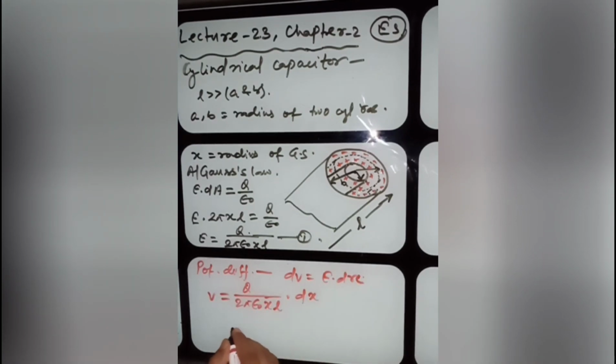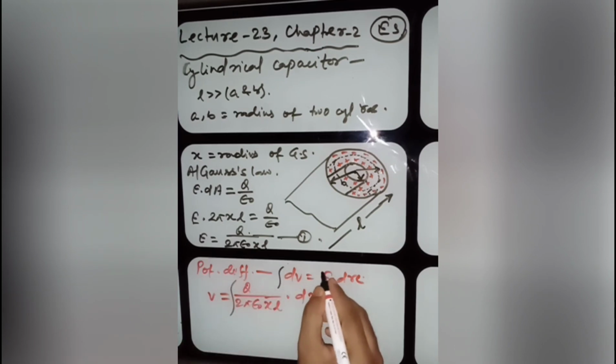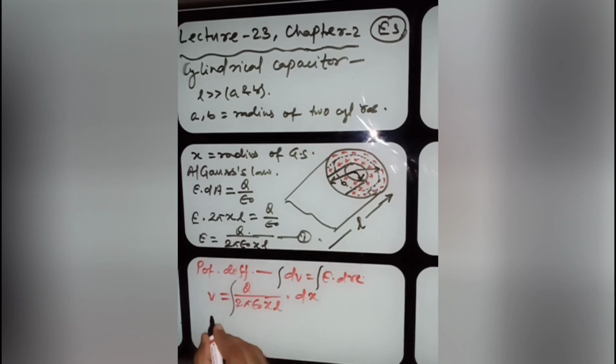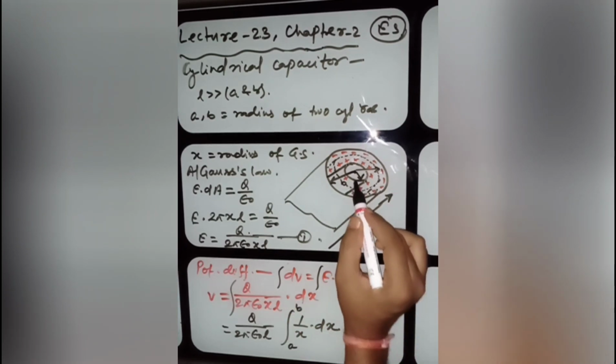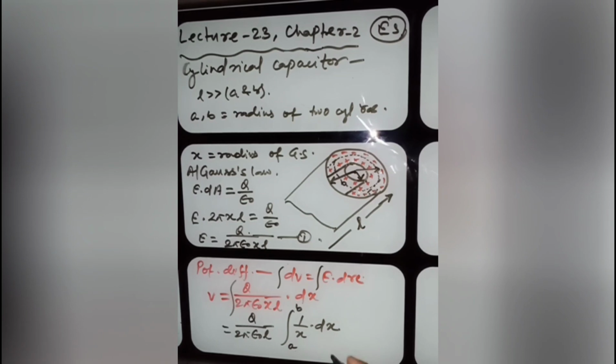Now integrating, the dV integrated gives V. Now Q by 2 pi epsilon naught L is constant. What we have is 1 by x dx, and we have to integrate this 1 by x dx from a to b. So the positive terminal is at a and the negative one is at b, so from a to b.